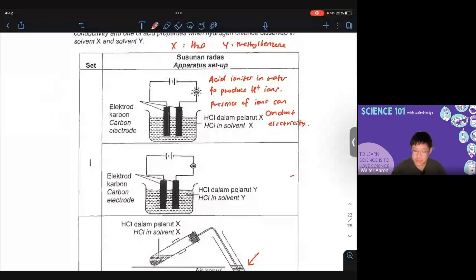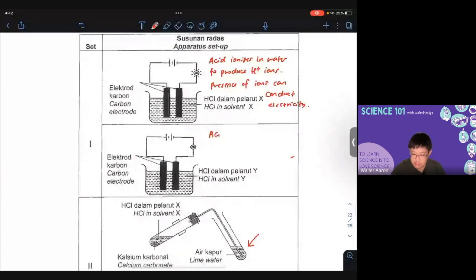And for this one, HCl remains as molecules.